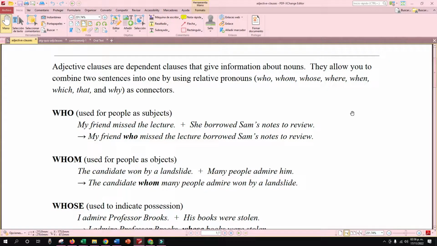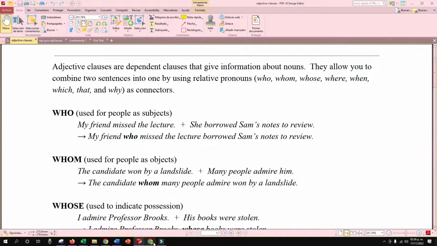Adjective clauses are dependent clauses that give information about nouns. They allow you to combine two sentences into one by using relative pronouns. Which relative pronouns? We can use who, whom, whose, where, when, which, also that, and why as connectors, right?